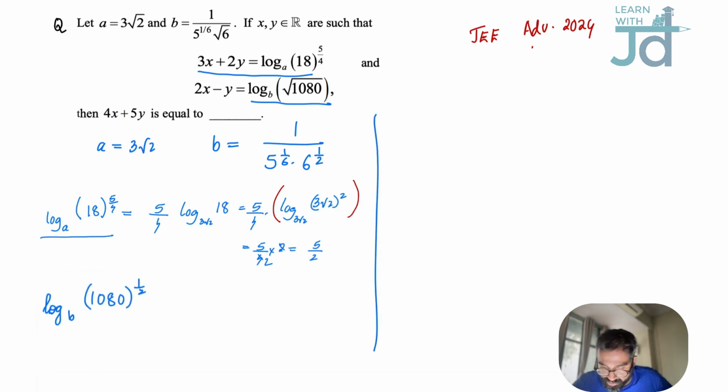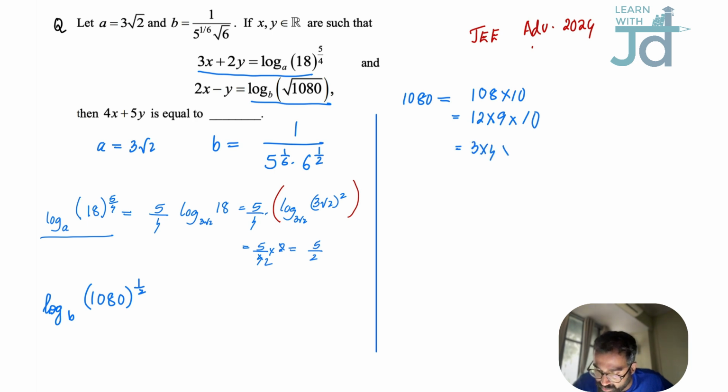Let us see the factors of 1080. So 1080, I can say it is 108 into 10. 108 is very easy, 12 nines, into 10. 12 is 3 into 4, and 9 is 3 square, and this is 5 into 2, and this 4 is basically 2 square. So I can write it as 2 cube into 3 cube into 5.